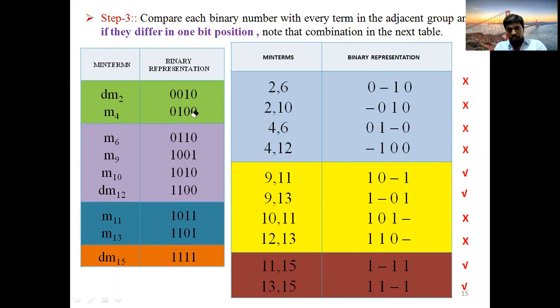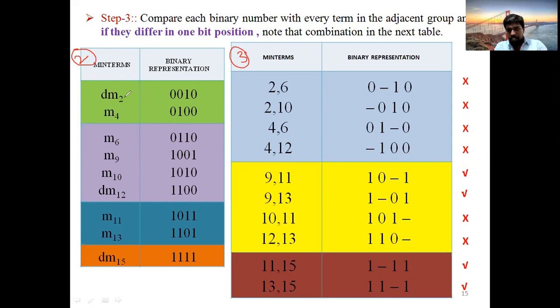And now here, which are involved, you can just verify. See whether 2 is involved in the table. This is the step number 2 answer. This is the step number 3 answer. Now, which min terms present in step number 2 are involved in step number 3, you need to identify.